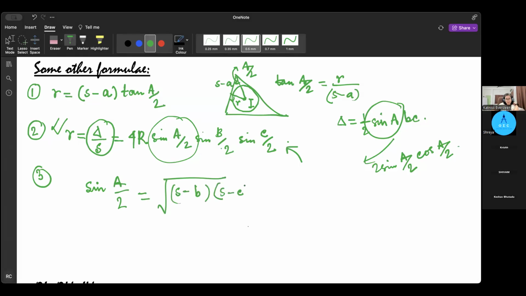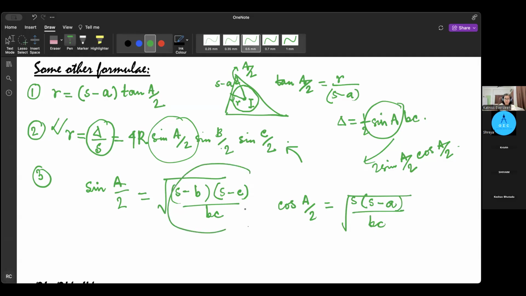I think many of you should have seen this, but just try to think about it for a while. Cos A by 2 is root of S times S minus A by BC. If you have the sine, then it's very easy to get the cos, because you just do root over 1 minus sine square. So it's enough to just prove this and we get this automatically. So try to prove this for a while, and if you have any ideas, let me know.